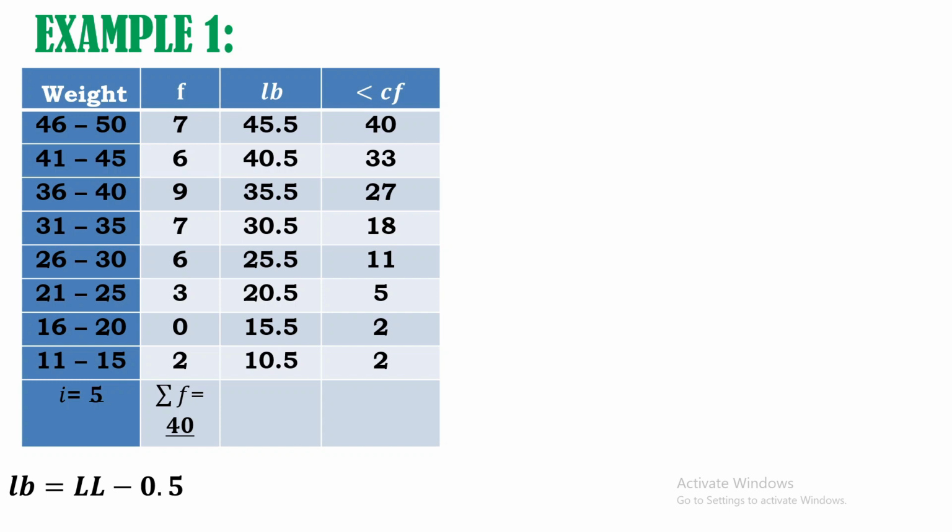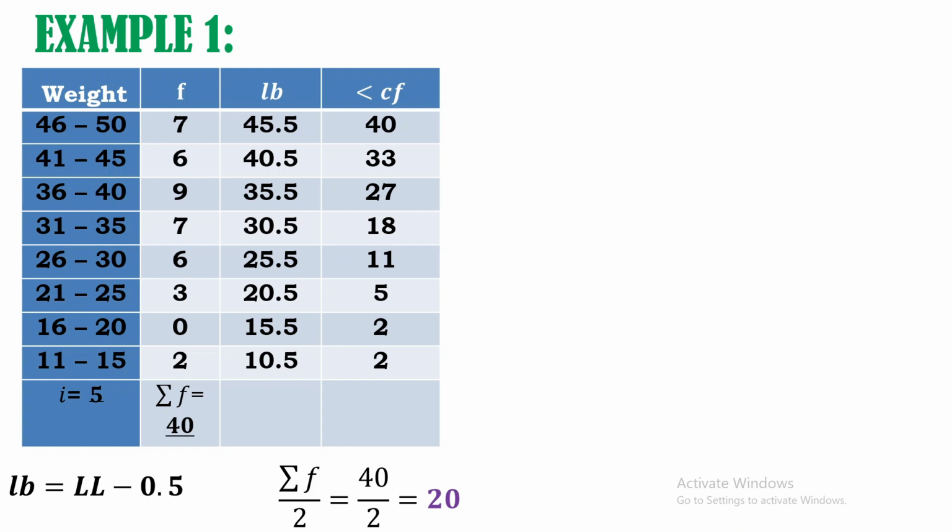Now, since we've completed the table, we're now ready to find the median class. To find it, we use the formula summation of f all over 2. By substitution, the summation of f is equal to 40 divided by 2, so that is equal to 20.